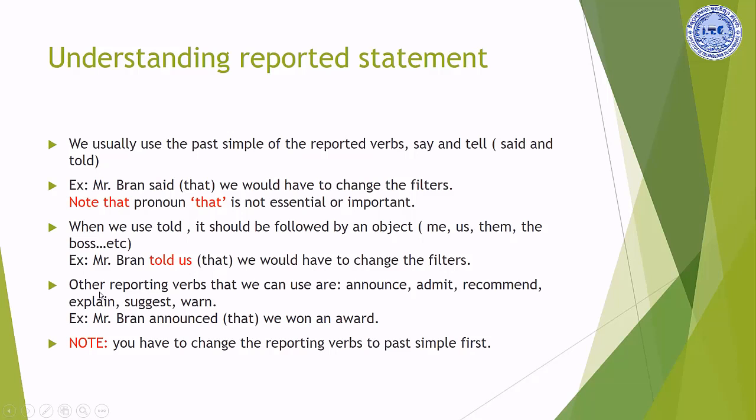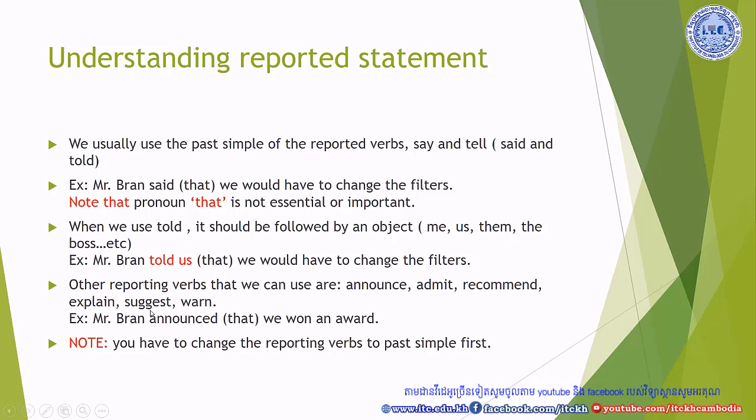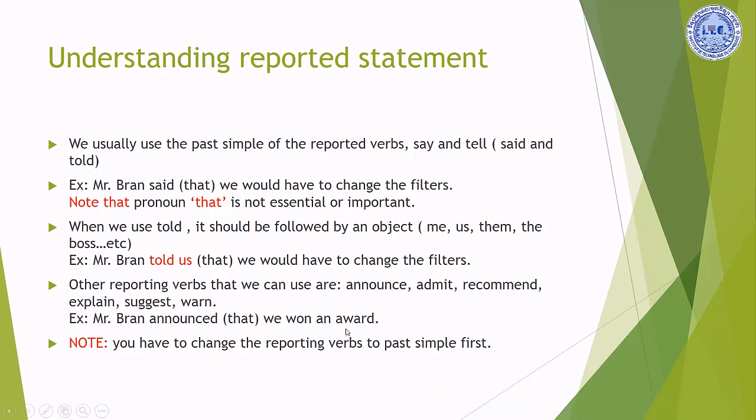Other reporting verbs that we can use are announce, admit, recommend, explain, suggest, and warn. So here are some more reporting verbs that you can use instead of say and tell. For example, Mr. Brand announced that we won an award.